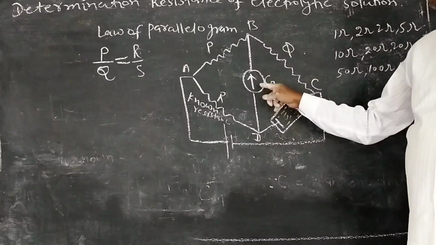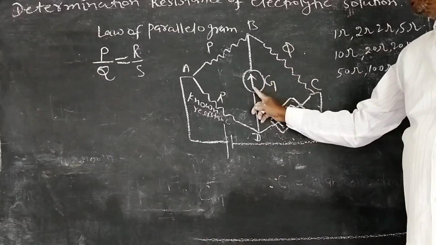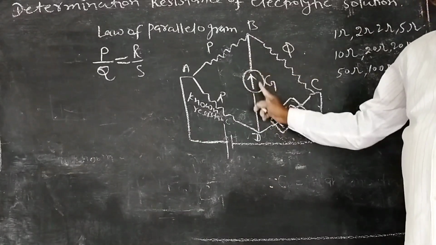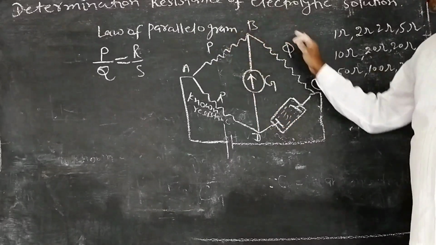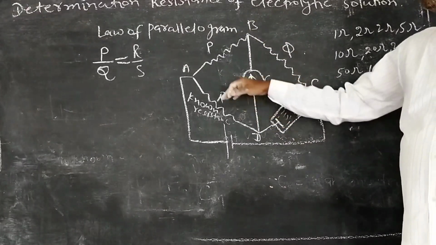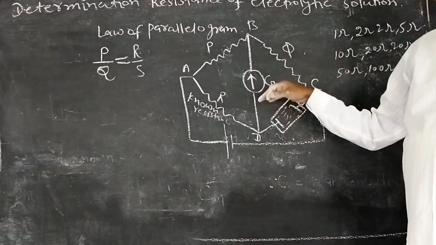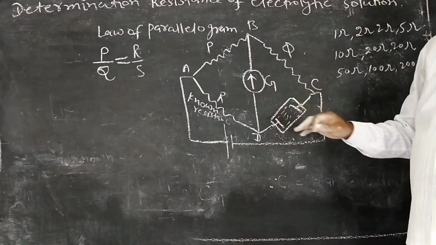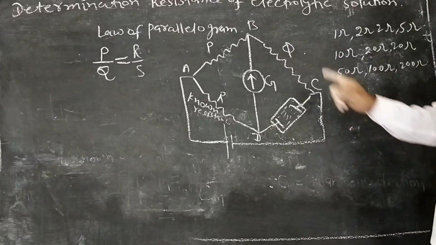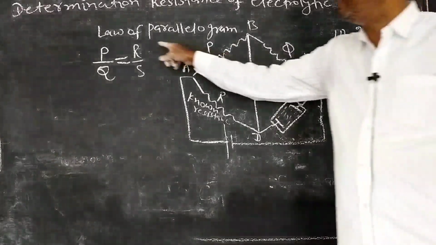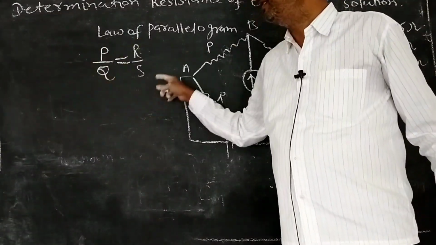And if the pointer, that is the needle of galvanometer, is vertical, it means Wheatstone bridge or system of parallelogram is under equilibrium.